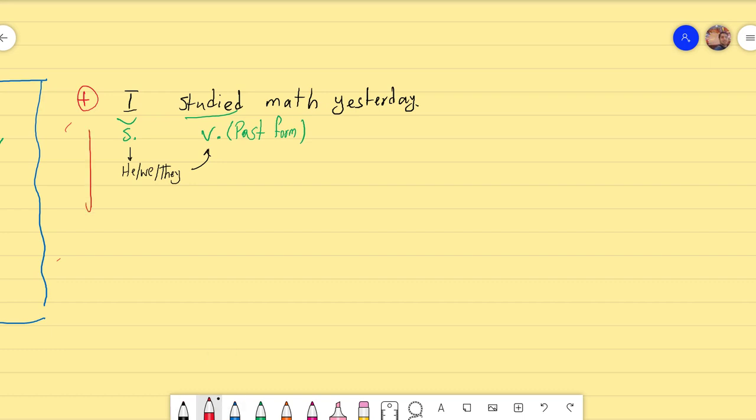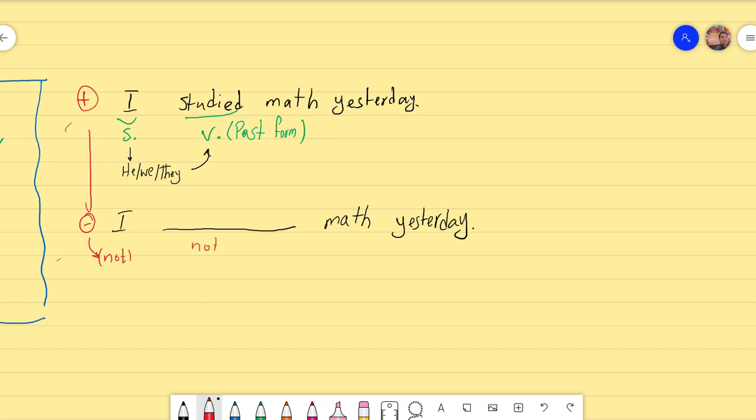So now let's change this to a negative sentence. Can you think what is the negative of this sentence? I studied math yesterday. We know that for negative we need the word not.